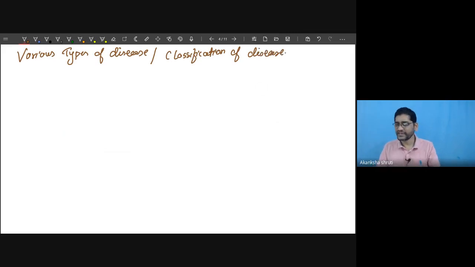So this classification helps in understanding why the disease arises, which kind of treatment is required, what the factors are. So it is based on various factors. So depending on the factor, it can be of various types.